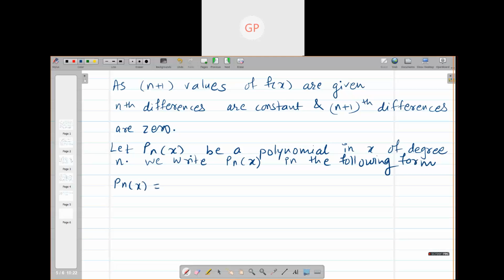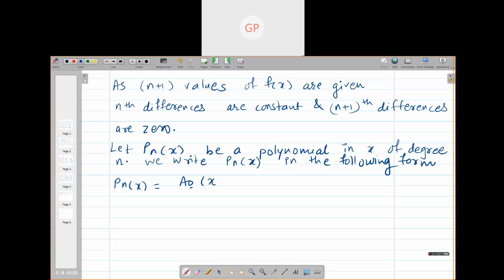Pnx is equal to a naught. So when I am using a naught here, 0, that time I will skip the first value of x. Okay? I will make each term of degree n. So how will you have x raised to n?